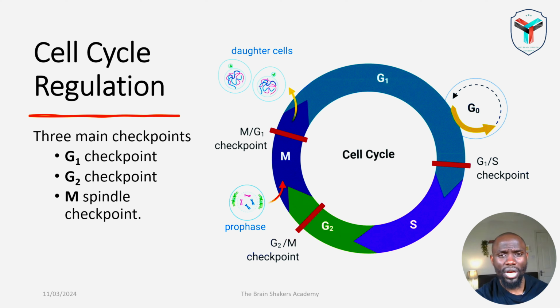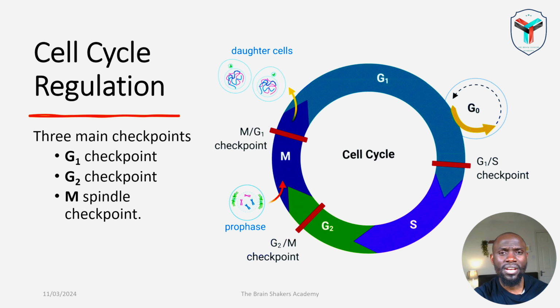Now, the G2 checkpoint happens right before you get into the mitotic phase and checks whether the DNA that was being replicated or copied was replicated correctly, completely, and is undamaged. If there is any damage to the DNA material, the cell can go into a resting phase.